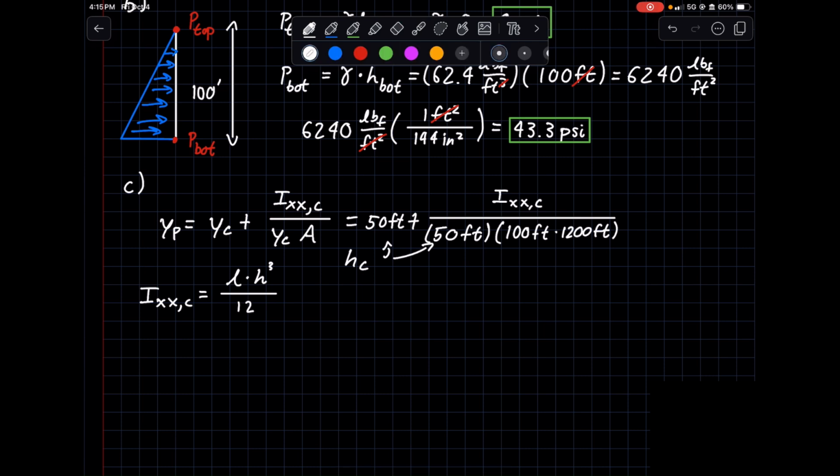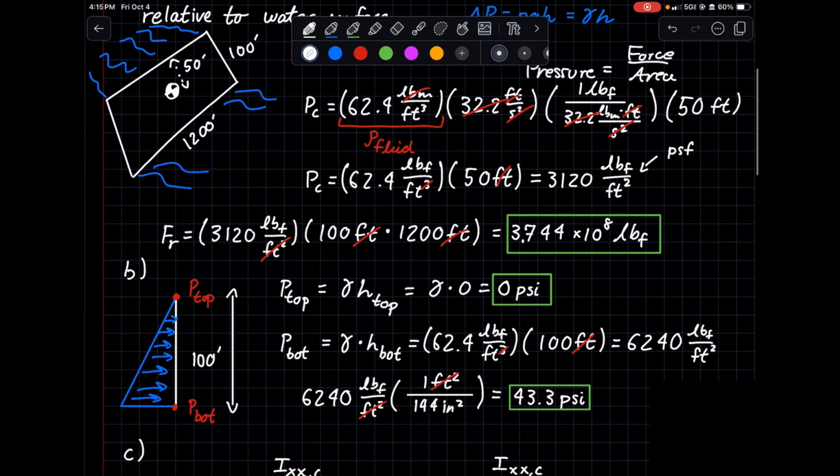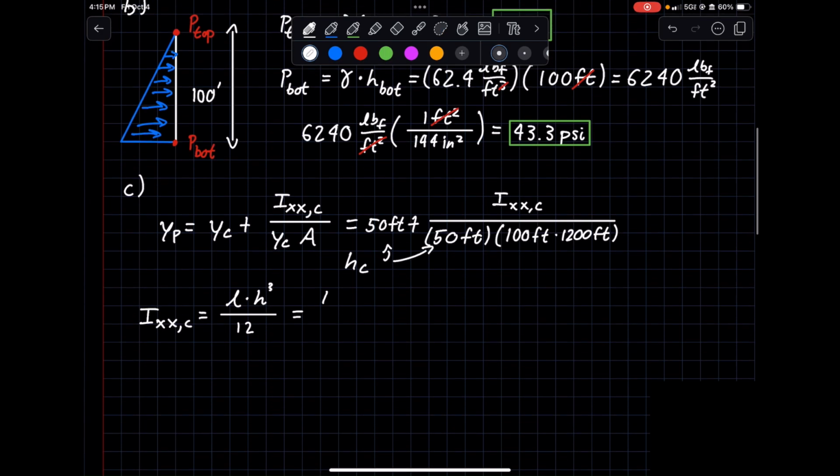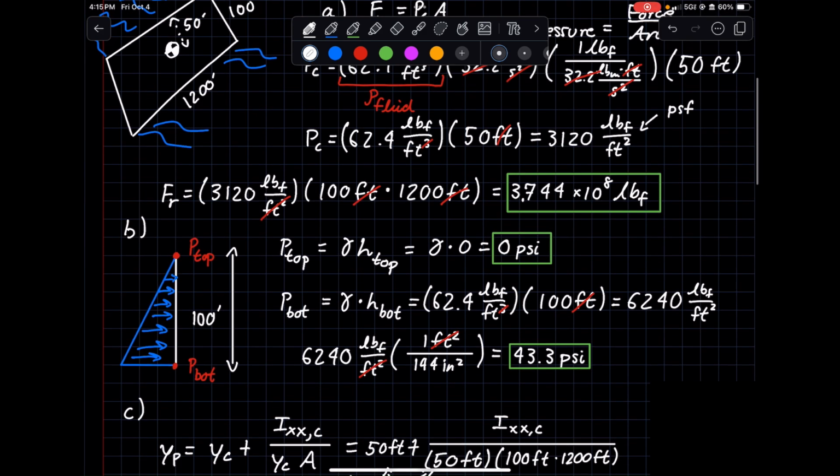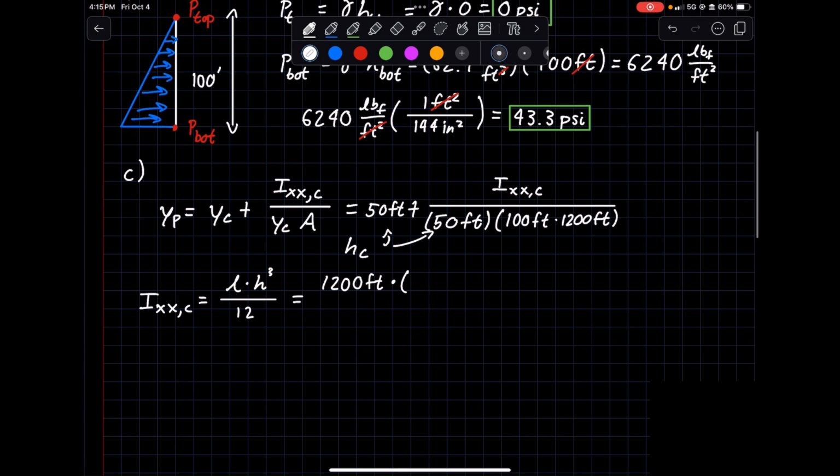So in this case, let me actually just move this down a little bit. We have our length, which is 1200 feet. And then we multiply that by our height, which is 100 feet, and this is cubed. And we divide all of this by 12.